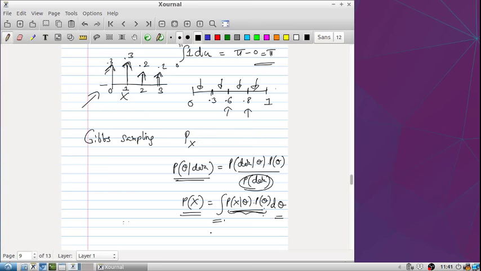So how do I approximate this? It's an integration over theta, the expectation is over theta. I get a sample from theta, that's what I want. If I can get 10 samples from theta, I can just average. I can do a summation of p of x given theta equal to theta i, sum over i equal to 1 to n, 1 by n.